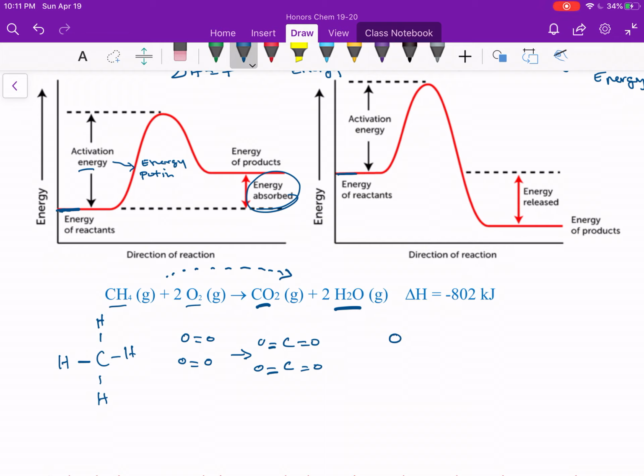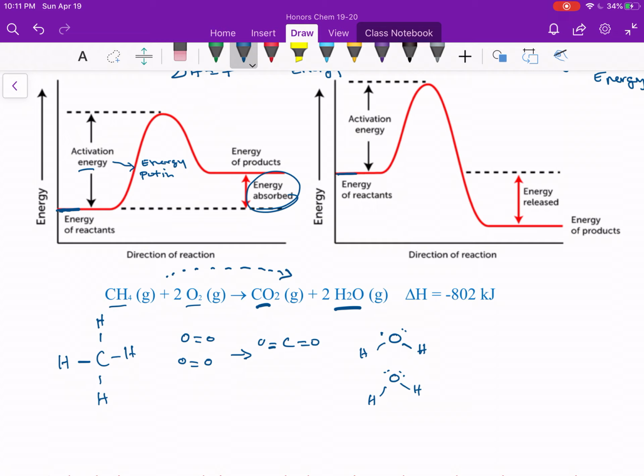If we look at the H2O, we only have one of those. It looks like this, and there are some lone pairs there. Okay, and so, how does that happen?